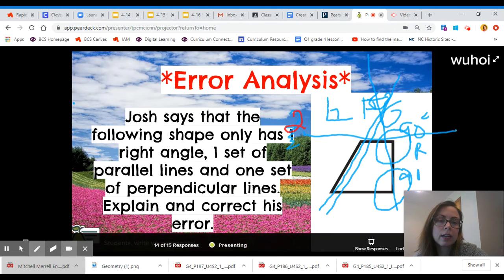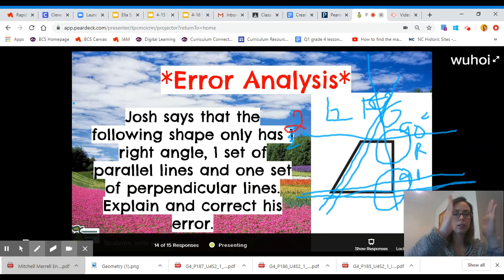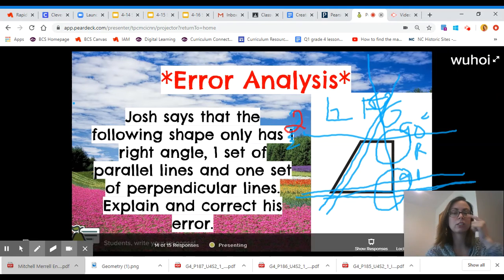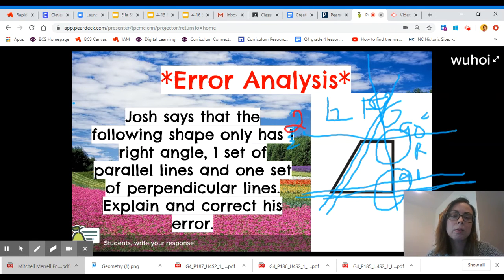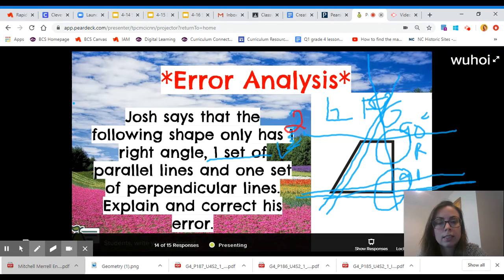What about these lines right here? Parallel means they never touch. Never. They stay to where they will go on, but they will never touch. Are those parallel? Will they ever touch if they keep going? They will not. So it does have one set of parallel lines. Yeehaw. Because we already looked at the other ones and they're not.